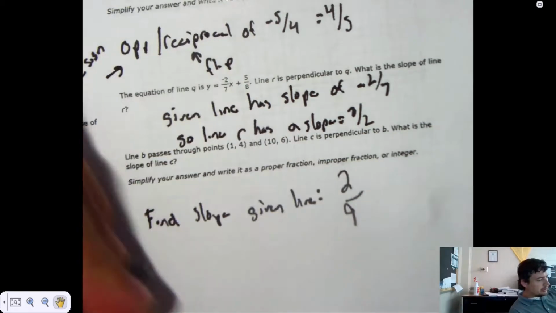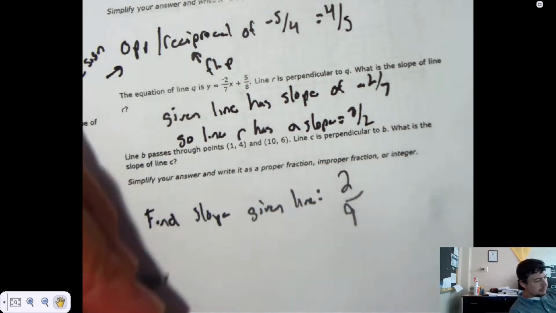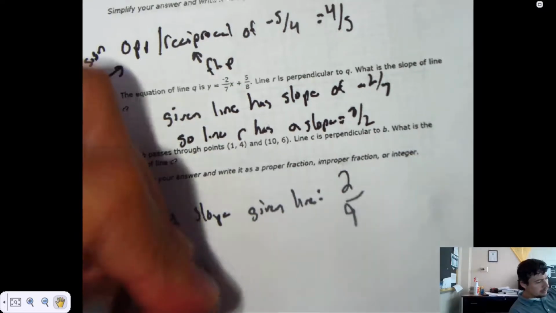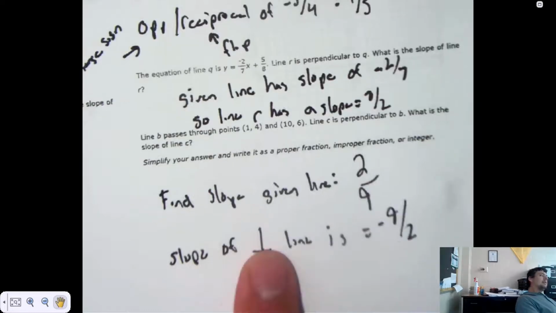Then we're going to opposite reciprocal that thing. I agree with you 100%. -9/2. That is the notation for perpendicular. You should remember that. You should. There's a lot of things you should do.